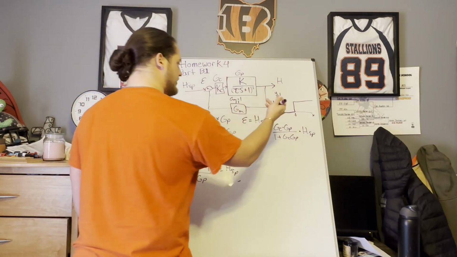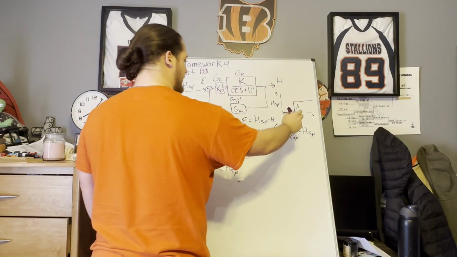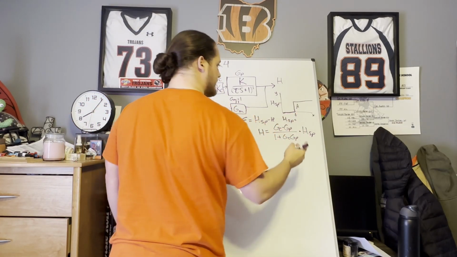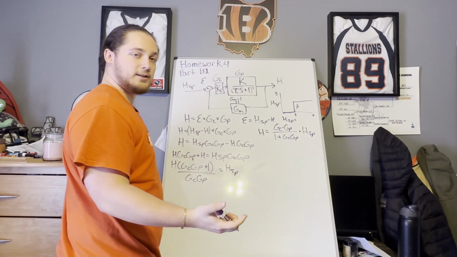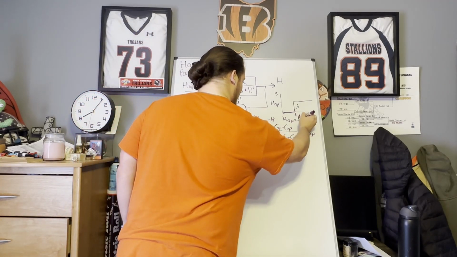And the step change is going to have an amplitude of A. So our height set point here, HSP, is going to be equal to a step change, and the Laplace transform of a step change is the amplitude over S.